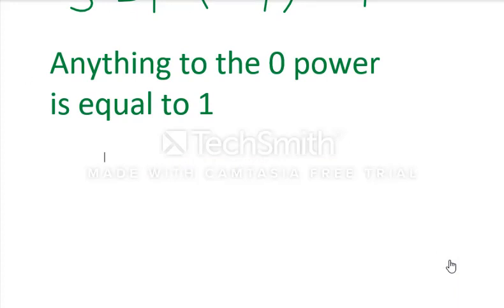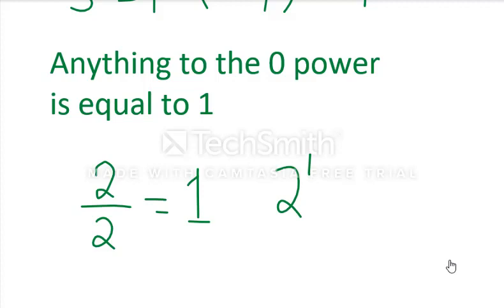Okay, so why this zero power rule works. If we look at something like 2 divided by 2, we know that that is equal to 1. We could also say that 2 to the first power over 2 to the first power is equal to 1. We just use that hidden 1 exponent rule.